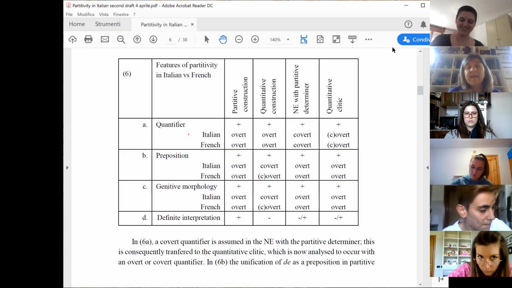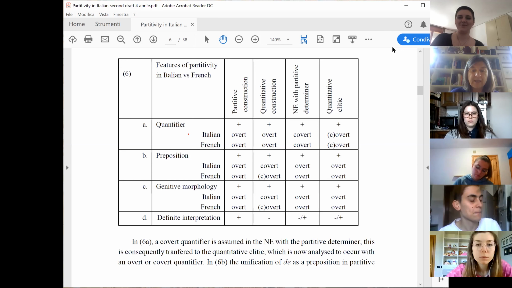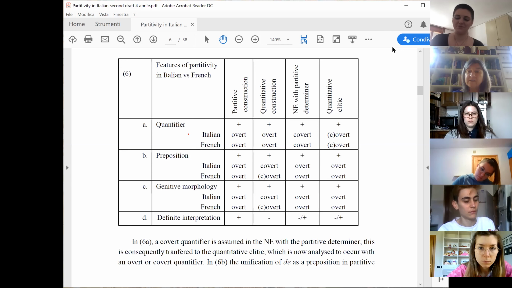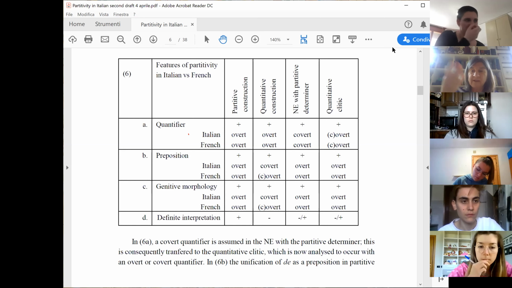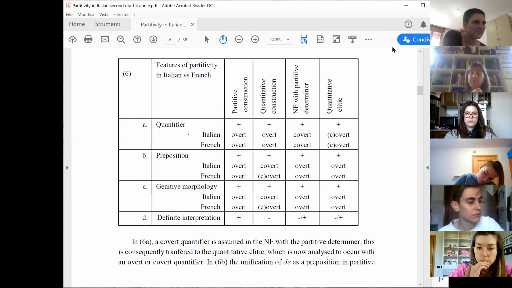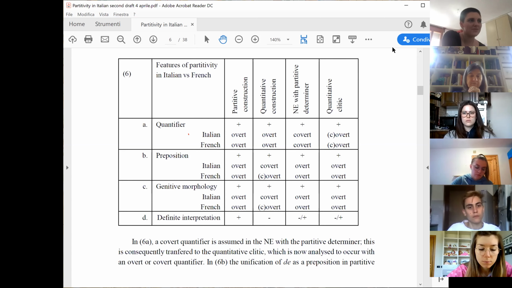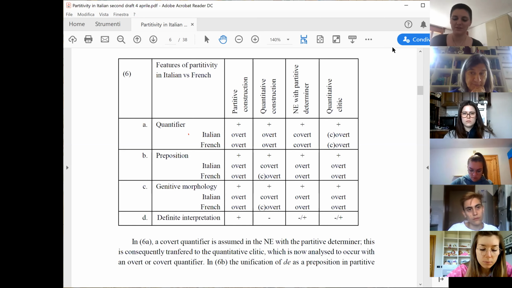Then the definite interpretation can be unified for the quantitative clitic by example 5b, because even in German you can interpret that the lions are 5 of those of the partitive definite set previously introduced in the discourse.